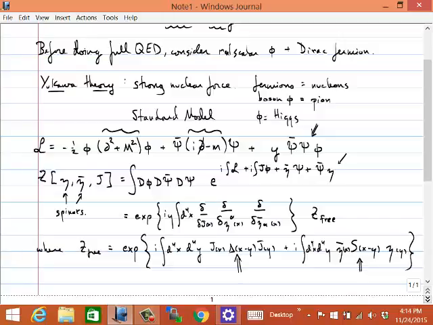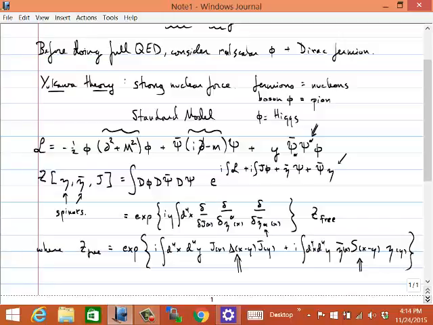And here I've written out explicitly the spinor index, which I've called alpha here. I'm contracting those two spinor indices together because the spinor indices of psi bar and psi here are contracted together.